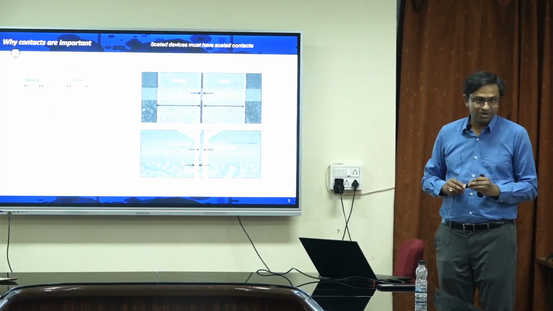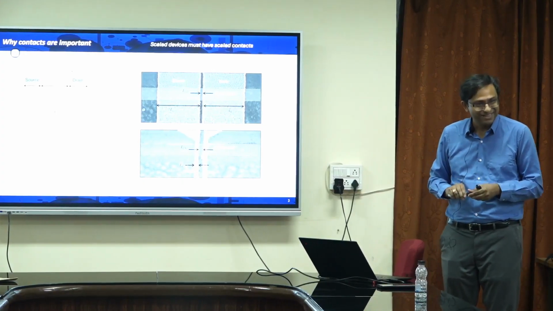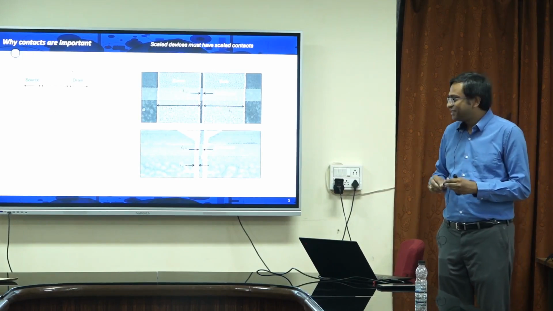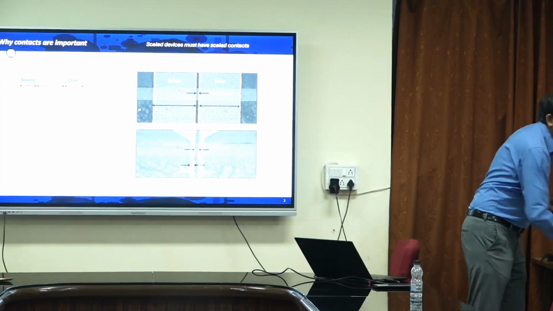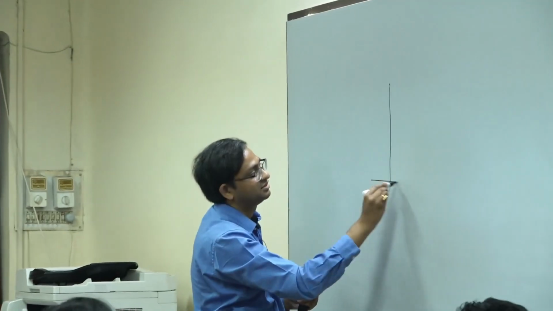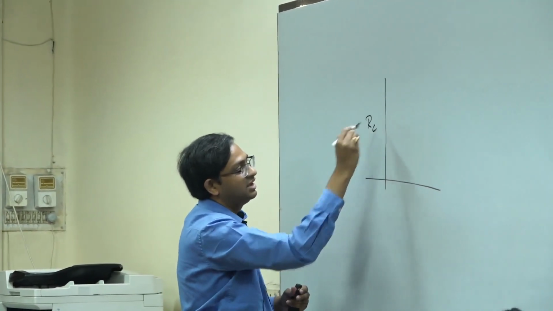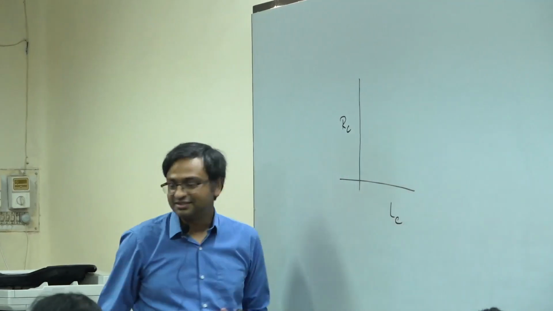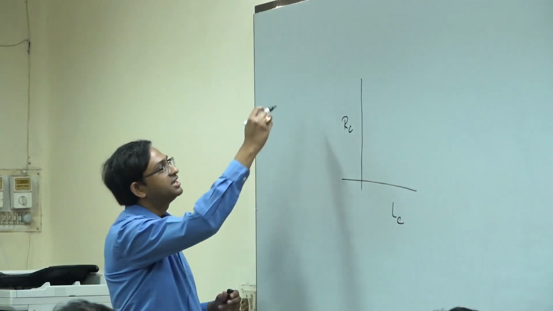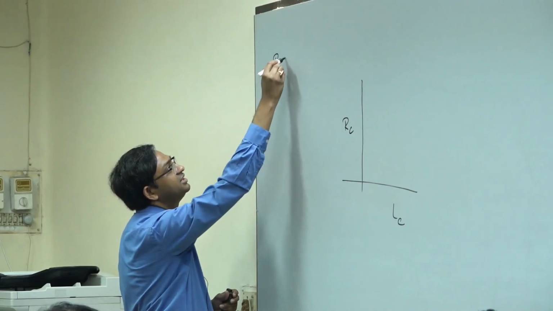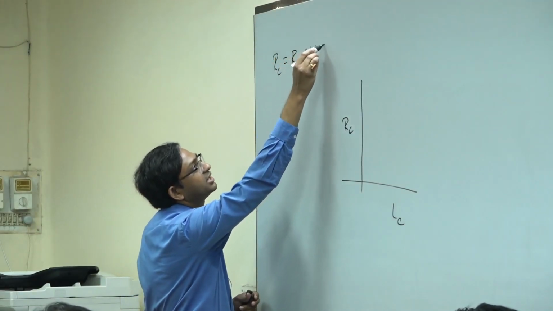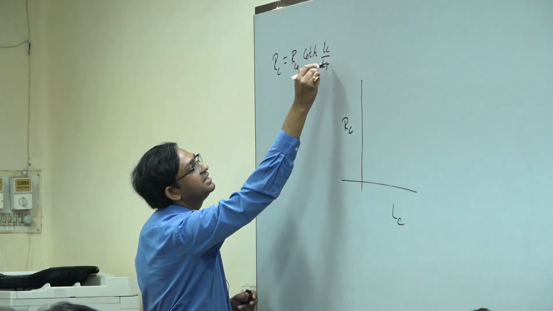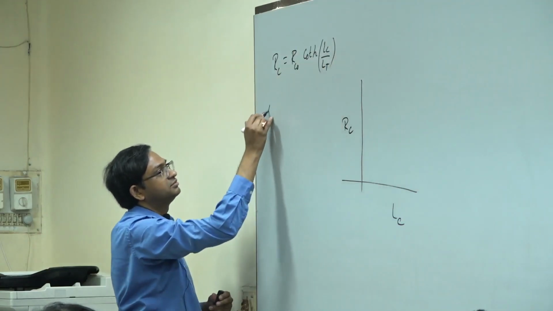First of all, you have to remember what a coth dependence means. Let's see how many of you remember that. So we are trying to plot RC as a function of LC, noting that the mathematical formula for RC is some constant RC0 times coth of LC by LT, and LT is a constant.